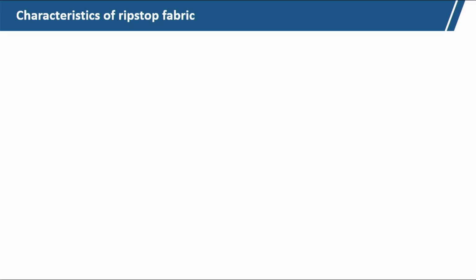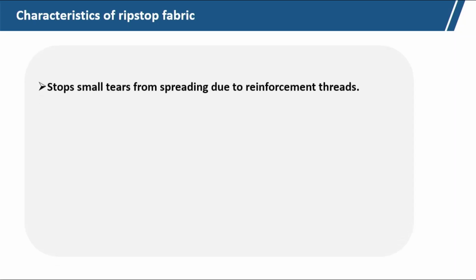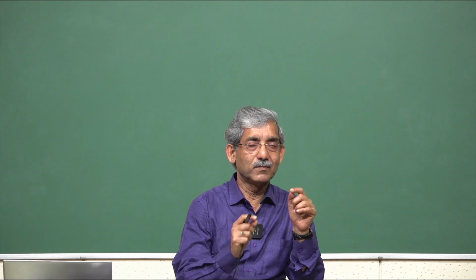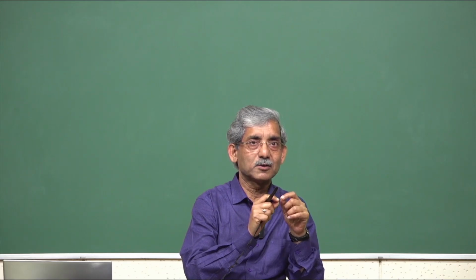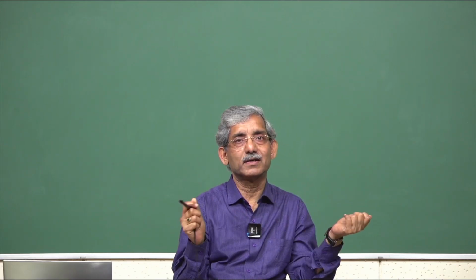The characteristics, if we try to see here: it stops small tears from spreading due to reinforced threads. Tearing basically starts from some small snaps, small tears, and it gets propagated.